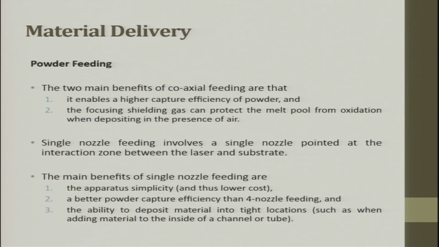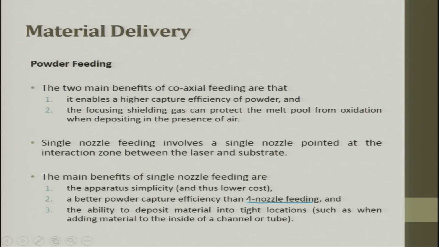The single nozzle feeding involves a single nozzle point at the interaction zone between the laser and the substrate. The main benefits of single nozzle feeding are the apparatus simplicity, a better powder capture efficiency than 4 nozzle feeding, and the ability to deposit material into tight locations.